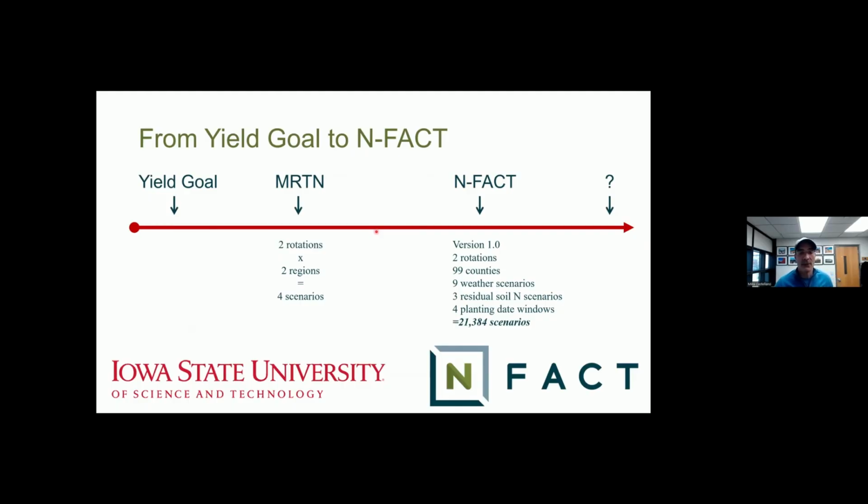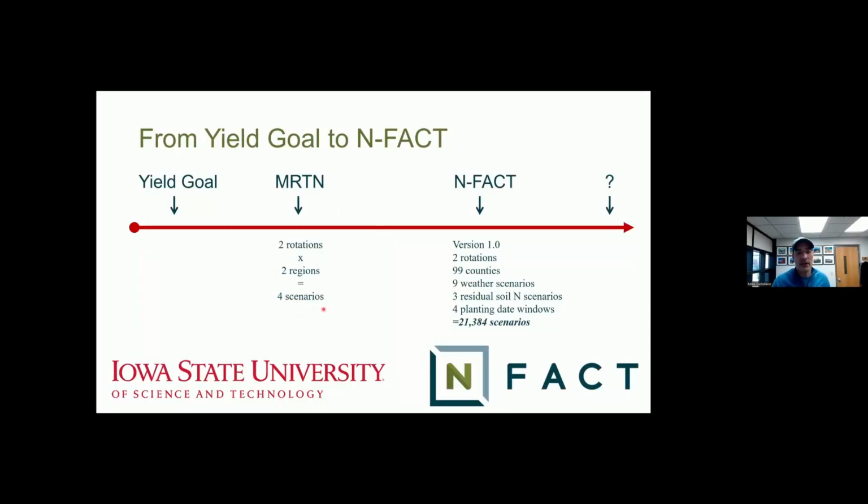In the past, the information we've had for decision making about nitrogen fertilizer management in the state was the yield goal, which went from about 1.2 pounds of nitrogen per bushel in the late 80s, early 90s, down to 1 pound of nitrogen per bushel. Then we switched over to the MRTN system, which many of you may be familiar with.